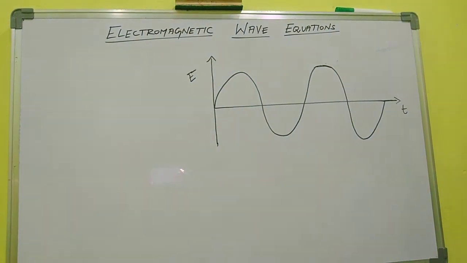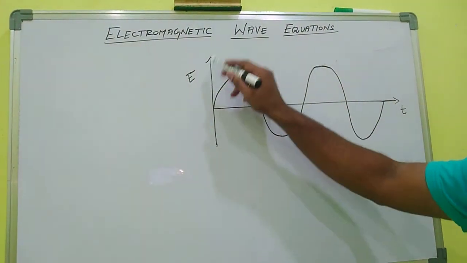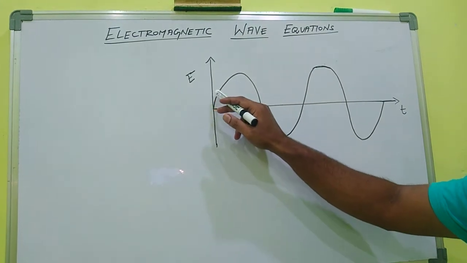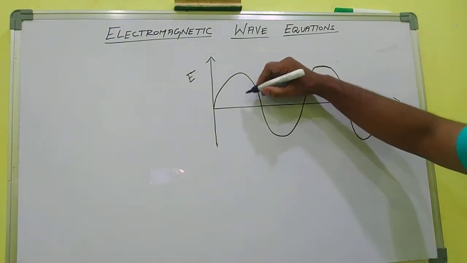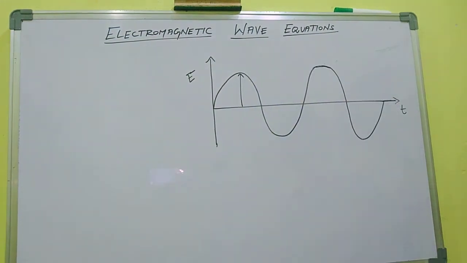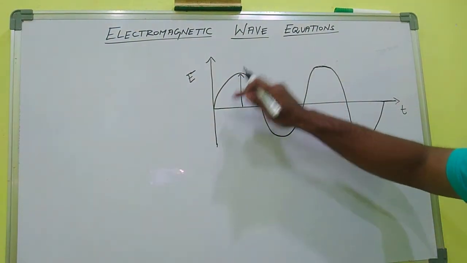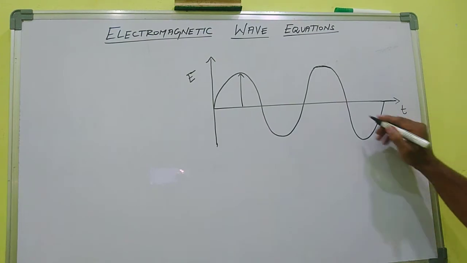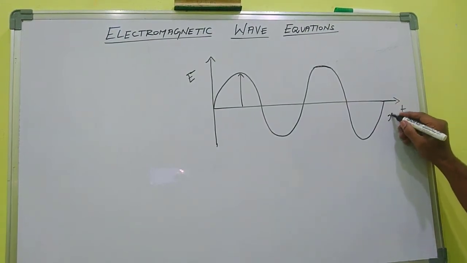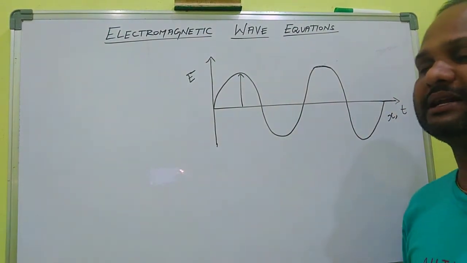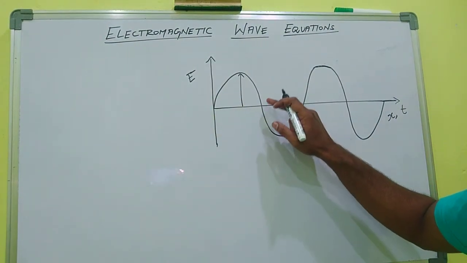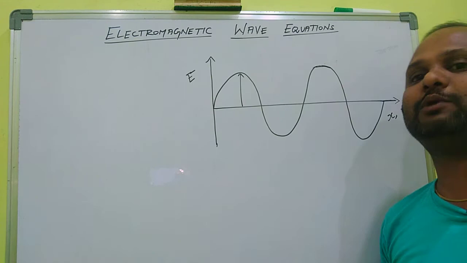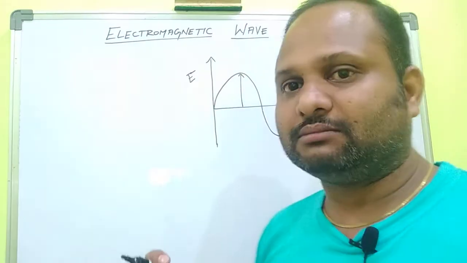First, on the y-axis I take the electric field. The electric field vector is along the y direction, and the wave is propagating in the x direction. In the z direction, the magnetic field vector is along.